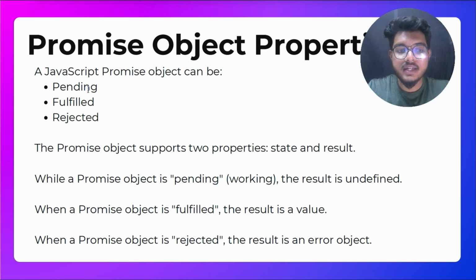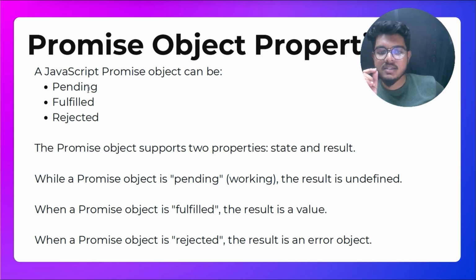The promise object supports two properties, state and result. State is nothing but at which stage you are. Are you at pending stage? Are you at fulfilled stage? Or are you at rejected state? Based on these three conditions, all of the properties depend. While a promise object is pending, the result is undefined. We do not know if it will be successful or not.